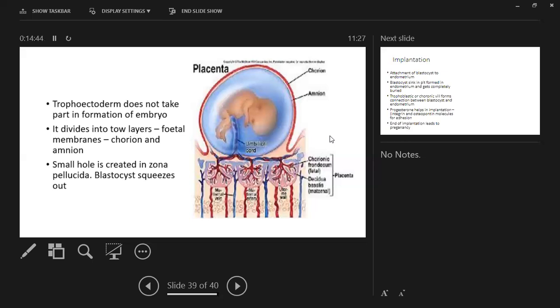Now this trophoectoderm will form the connection. If there is zona pellucida, there is no connection. Only the trophoblast will attach to the uterus. That's why it will come out from the zona pellucida.